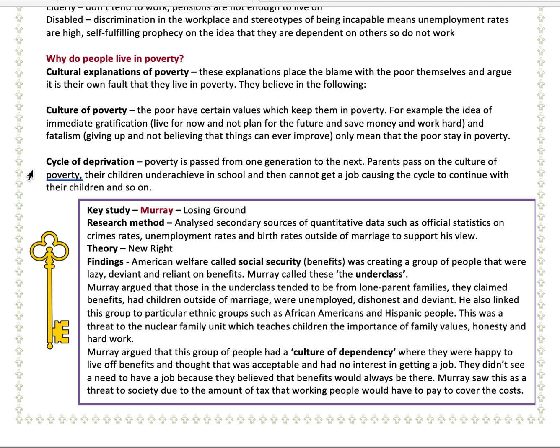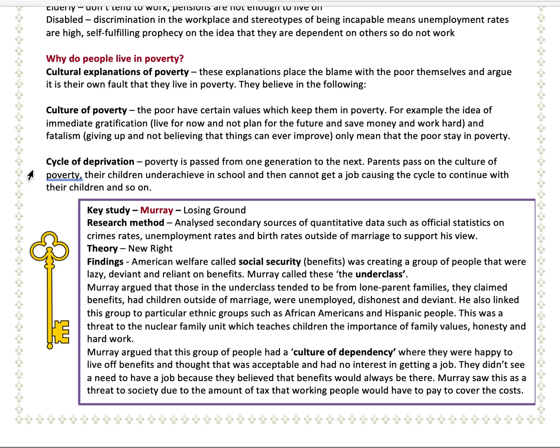If you get an essay on this, it will be something like, do sociologists agree that poverty is the fault of the poor themselves, or that poverty is to do with the norms and values of the group, or just cultural explanations of poverty. Your paragraphs that agree with the question would be the culture of poverty.